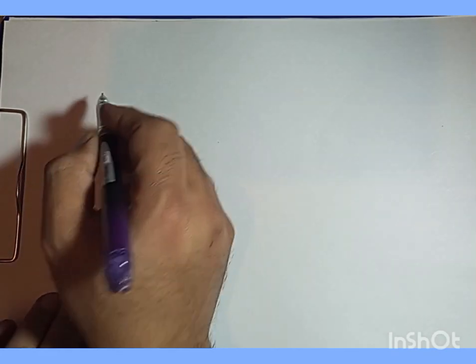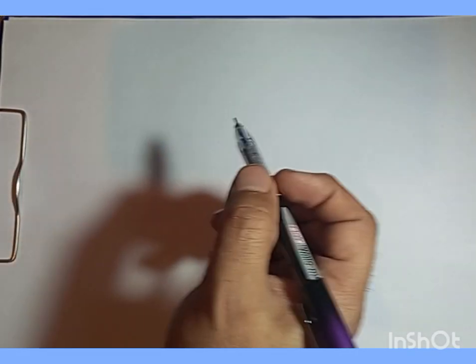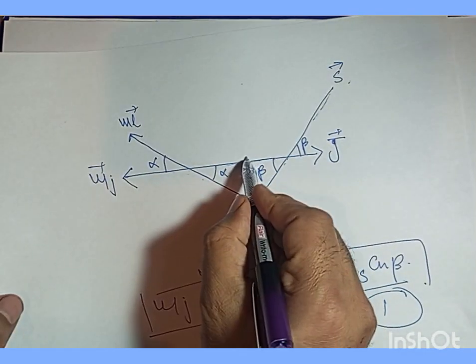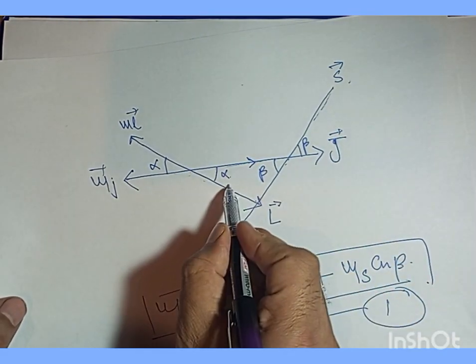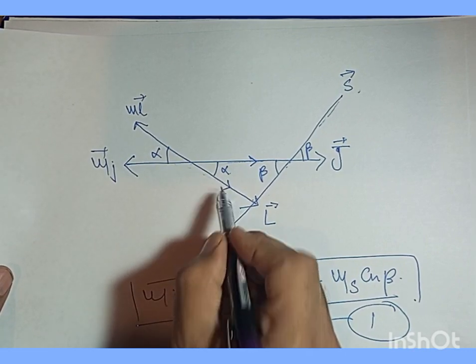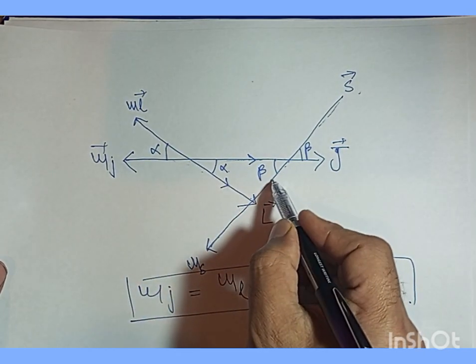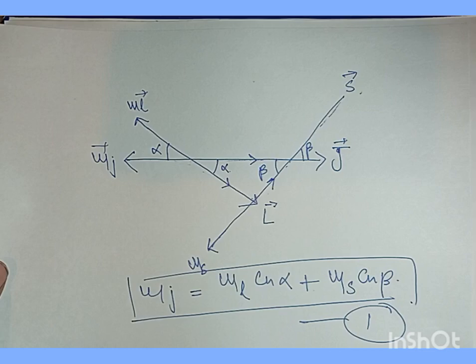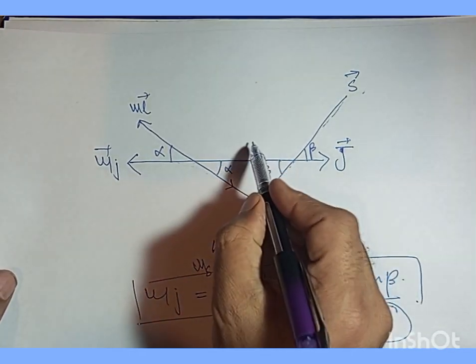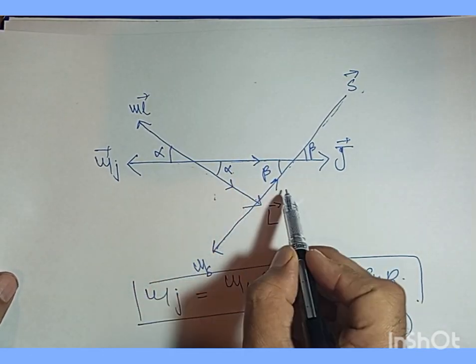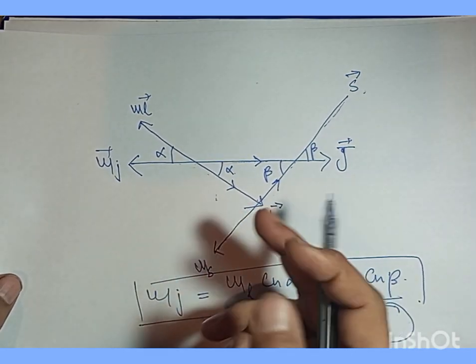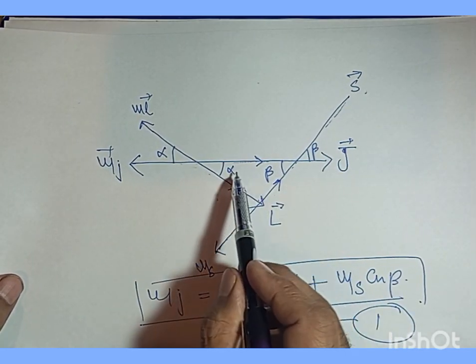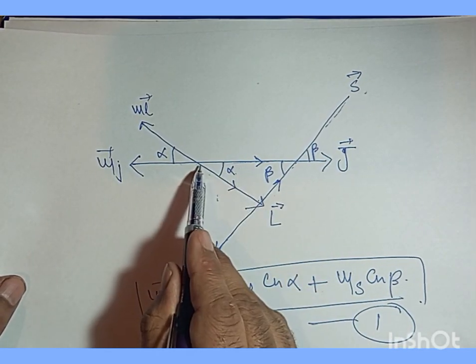All right. Now, what I have here is basically this is my J, this is my L, and this is my S. So this is J, this is L, and this is S. And J is the resultant of the two vectors.